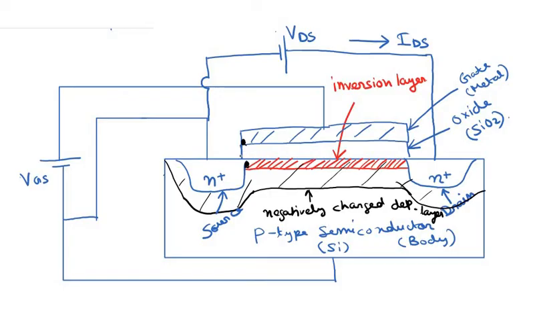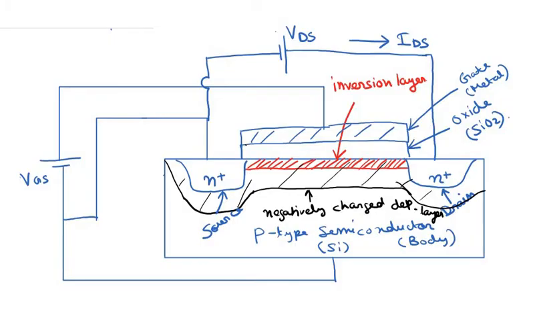That was the condition, that the potential difference between the metal gate and the body must be greater than the threshold voltage. So once this potential difference is greater than the threshold voltage, the channel would basically be induced at the source end, that is at this part.